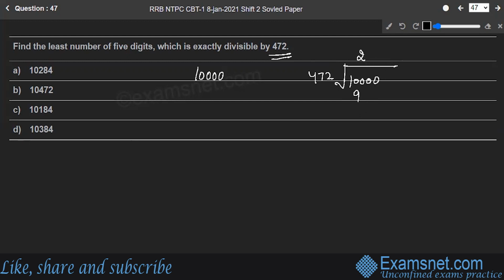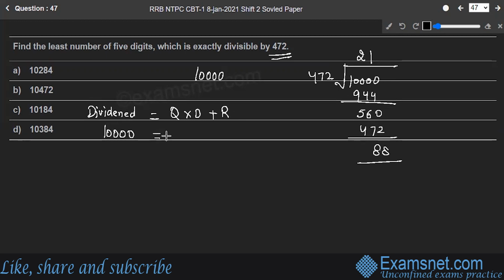That's 944, then 560, 1,472. I'll get a remainder of 88. You know one thing, that dividend is equal to quotient multiplied by divisor plus remainder. So here 10,000 is equal to quotient, which is 21, multiplied by 472 plus 88.